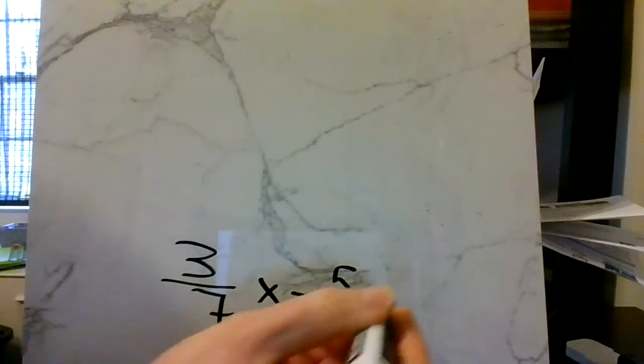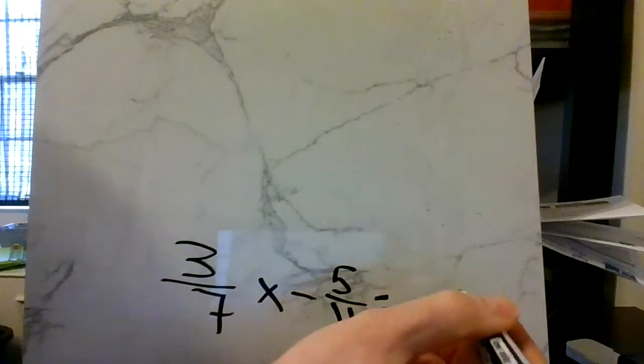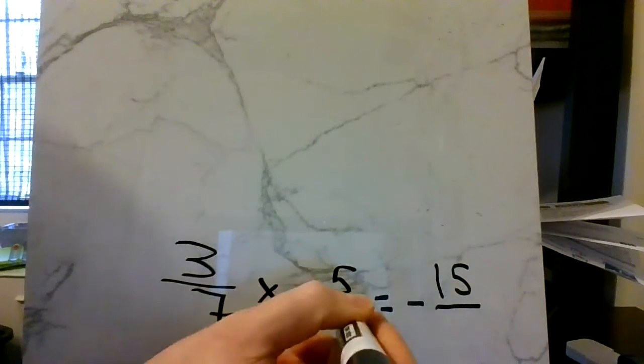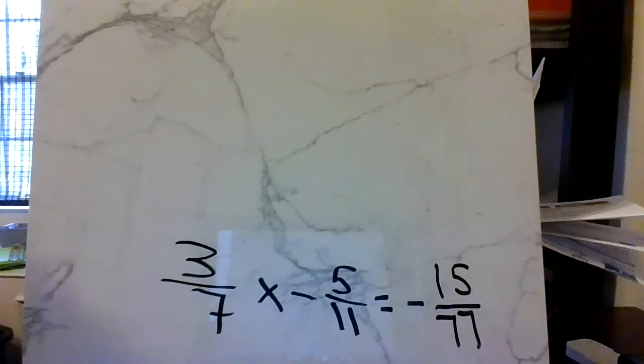There is one negative here, so my answer is going to be negative. 3 times 5 is 15. 7 times 11 is 77. I'm pretty sure that can't be taken down any. 2 doesn't go into 77 or 15 because they're both odd. 3 goes into 15, but it doesn't go into 77. So I think this is simplified. So negative 15 over 77.